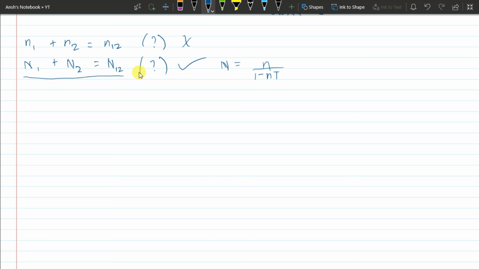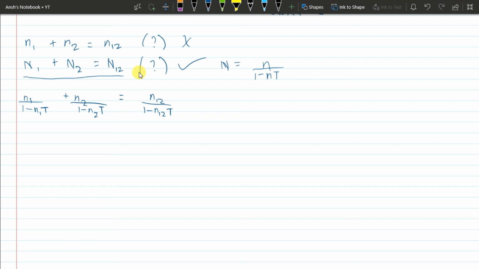So instead of capital N1, we'll write small n1 upon 1 minus small n1 t from this relation right here. We'll write capital N2 upon 1 minus n2 t, and then we'll write small n12 upon 1 minus small n12 t. And now we want to solve this equation for capital T.